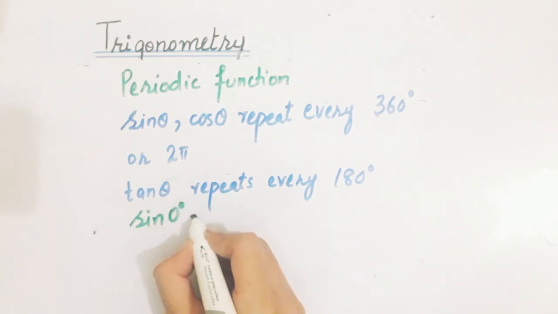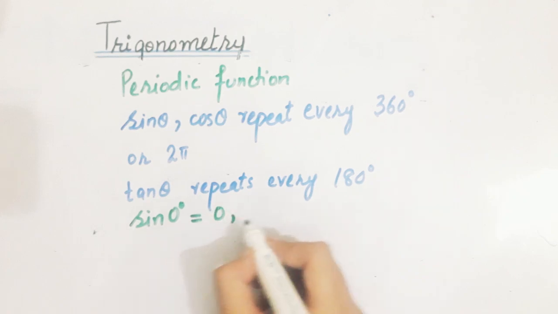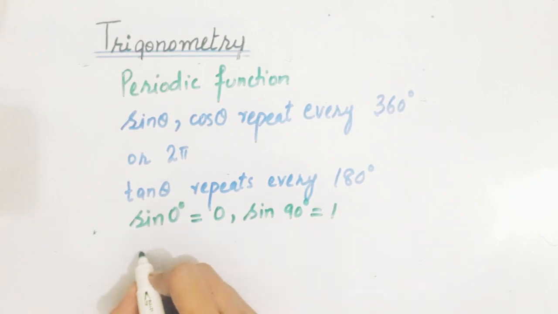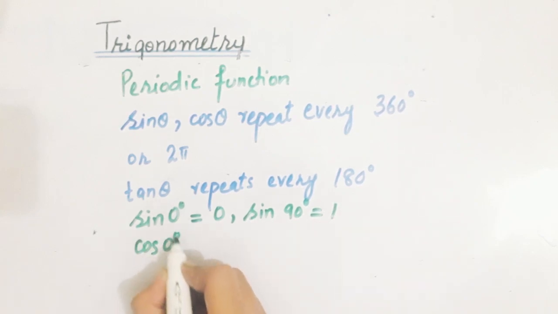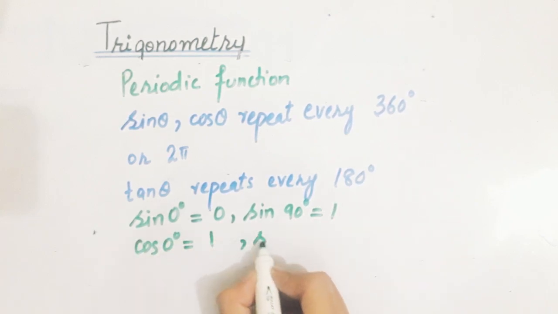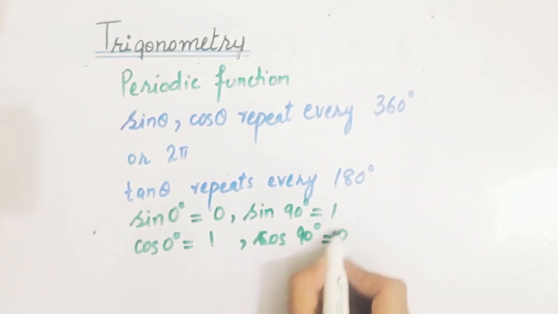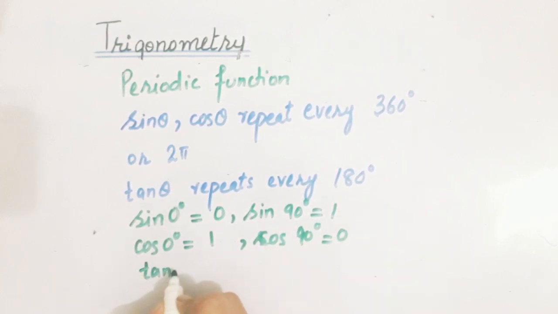Now some key values you have to remember for these trigonometric functions, that are sine 0 degree equals 0, sine 90 degree equals 1, and cos 0 degree is 1, and cos 90 degree equals 0, and tan 45 degree equals 1. Now I will describe some identities you have to remember.